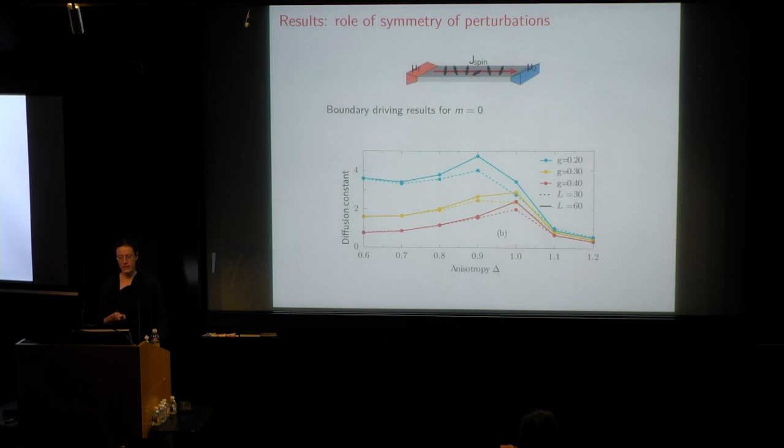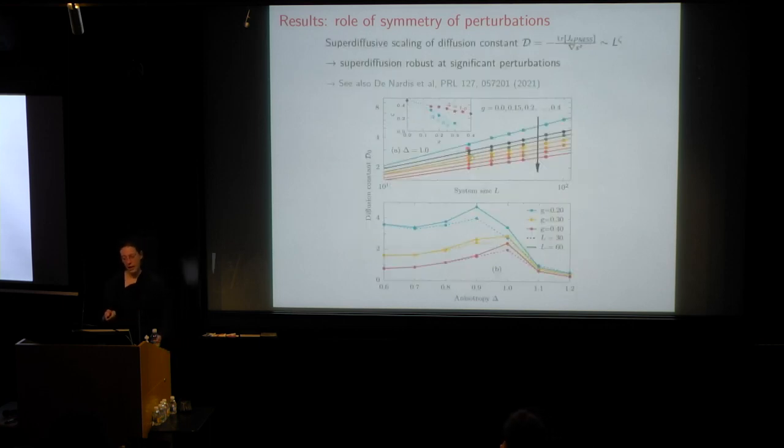But is this also a finite size effect? So we checked how the diffusion constant scales with system size. What you see is that it still grows with the system size, and faster at the isotropic point than at the anisotropic point, telling us that eventually in the thermodynamic limit the peak is always at the isotropic point. Most importantly, we are still seeing superdiffusion and not diffusion on these system sizes up to 100 at significant perturbation strengths.